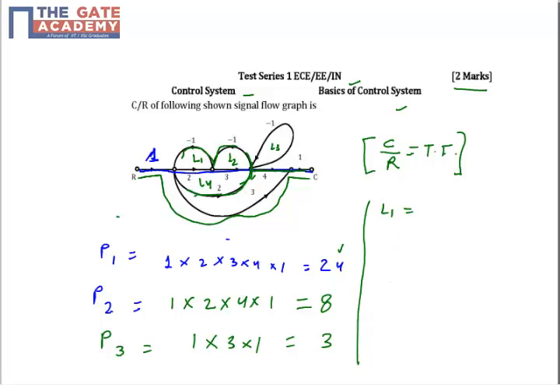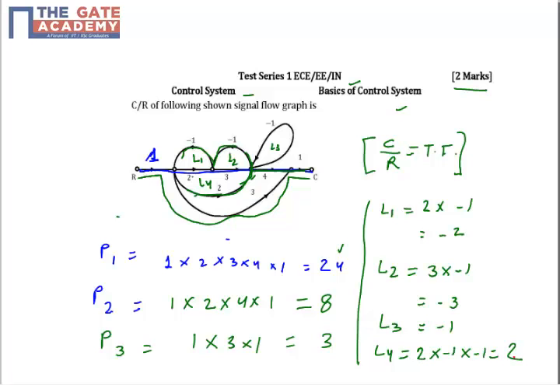L1 is 2 into -1, which is -2. L2 is 3 into -1, which is -3. L3 is a single node loop of gain -1, and L4 is 2 into -1 into -1, which is 2. So we have 4 distinct loops in this signal flow graph.